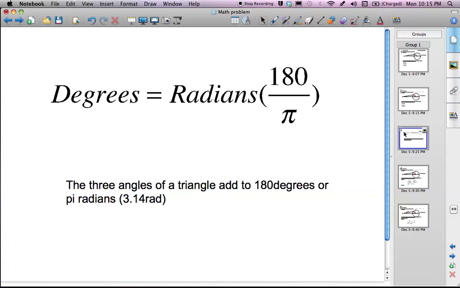But it would be better to stay in radians because it's faster, and that'll save you more time for other questions. So in case you want to switch, this is the formula used right here, and it's also that all three angles add up to 180 degrees, or pi radians, 3.14 rads.